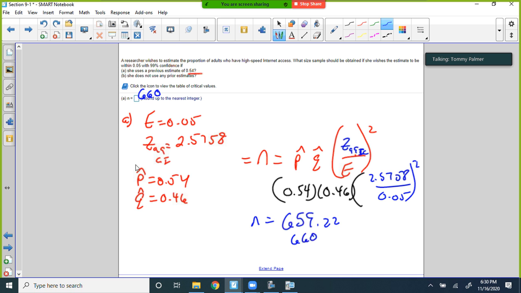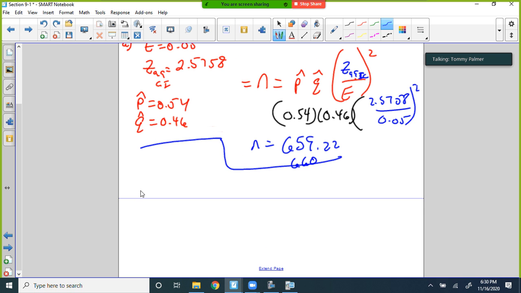Now, what's the difference between A and B? B says she does not use any prior estimate. That means that P hat is not 0.54. The P hat now is what? No prior estimate. We have no P. The P hat is now what? 0.5. And we still got a Q hat of what? 0.5, right?